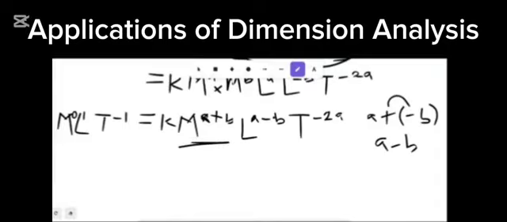So I want to compare coefficients, starting with T first, not M. Otherwise, we get a simultaneous equation. I want to compare the powers of T. What is the power of T on the left hand side here? It is minus 1. Then equals to, what is the power of T here? Minus 2A. Minus cancels minus.